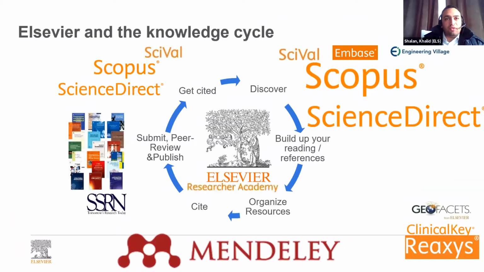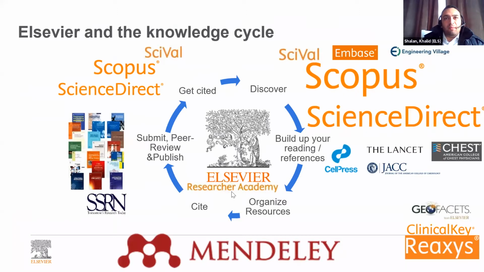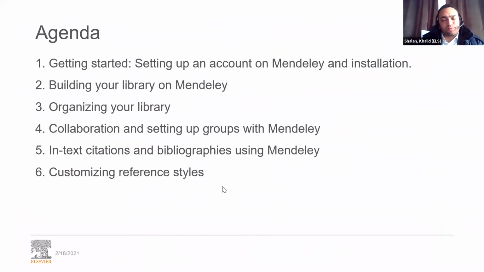Today, we're going to be focusing on Mendeley. I'll be introducing Researcher Academy at the very end of the session because it's going to help us get our certificate and our materials. And as you can see, Mendeley is one of the free solutions being offered by Elsevier.